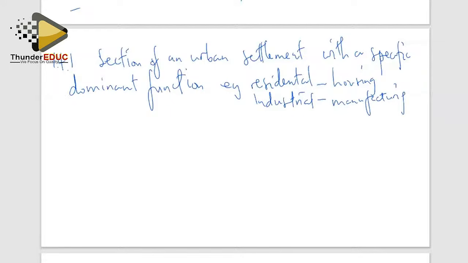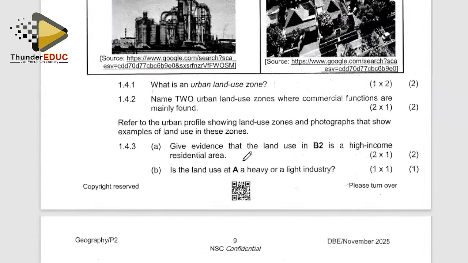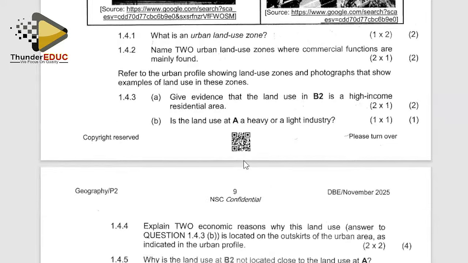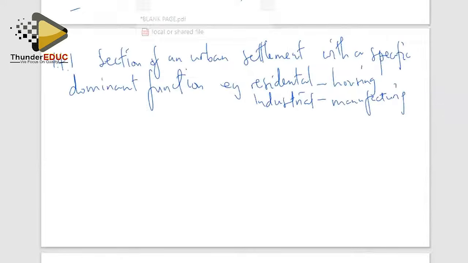The next question is saying, name 2 urban land use zones where commercial functions are mainly found. Where do you find commercial functions in the land use zones in an urban area? Right, we might find them in different zones, but mainly when we're talking of commercial, the dominant one, that is number 1 from the profile.